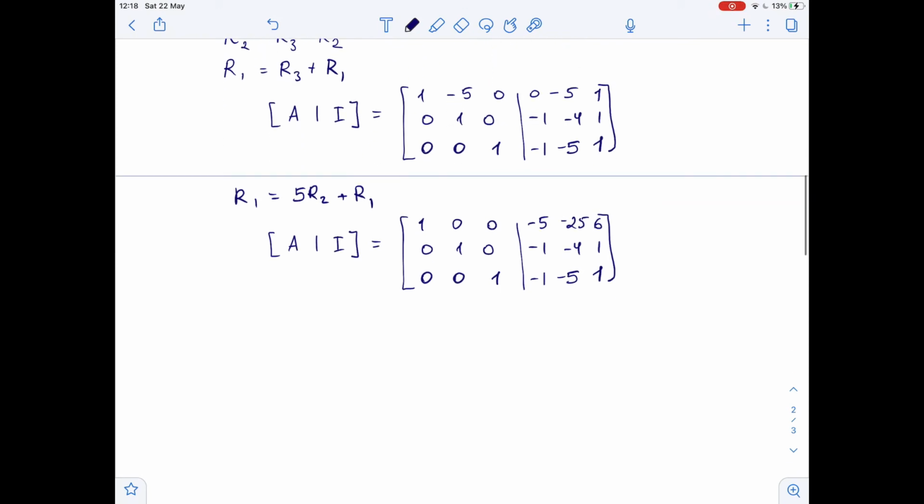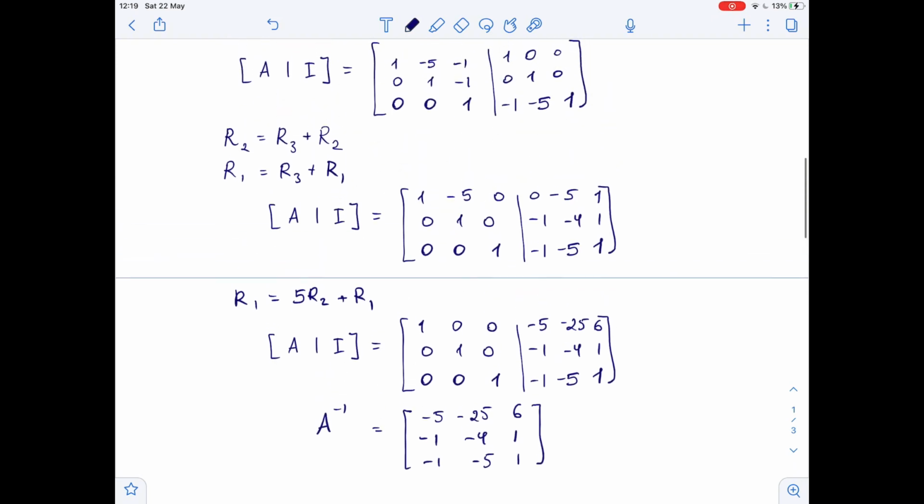So we get that this is equal to negative 5, negative 25, 6, negative 1. So this is actually our inverse matrix. We have found our inverse matrix now.